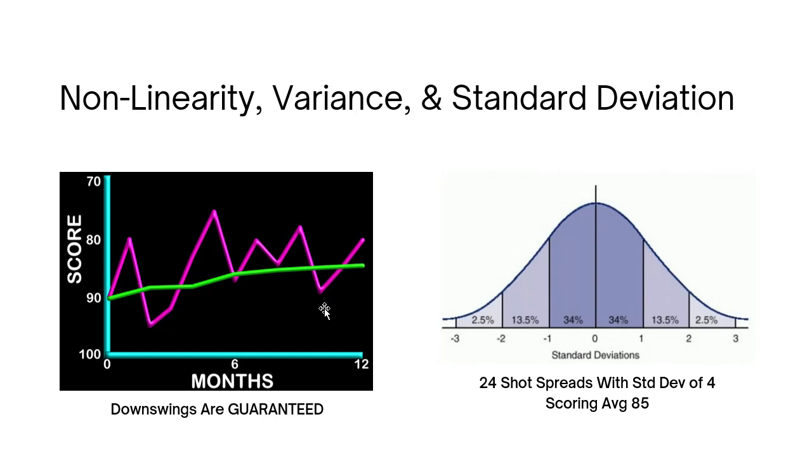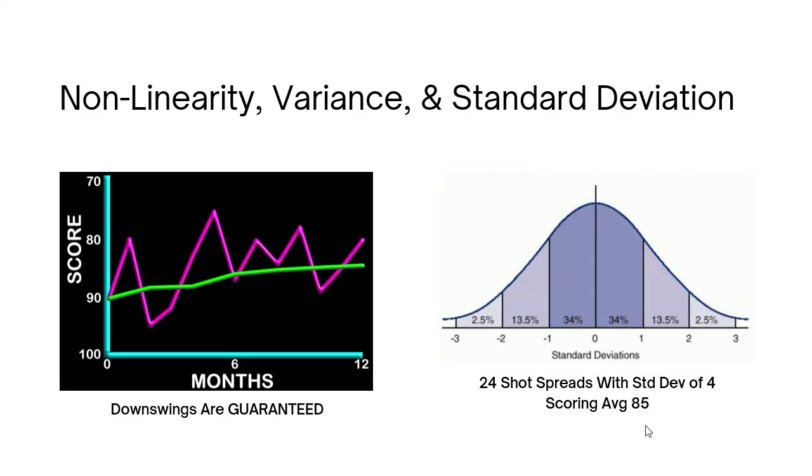And if we take a look on the right at our bell curve, we'll talk a bit about standard deviation. Standard deviation is just a fancy term for difference in a set of numbers that we grabbed an average from. So in the case of a golfer with an 85 average, that may be you, right?